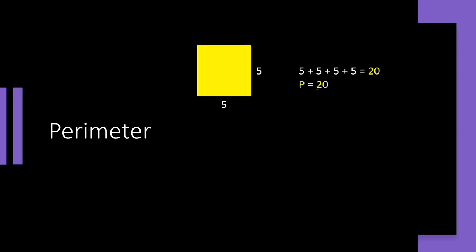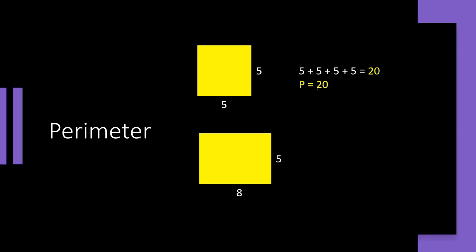Okay, let us look at this next shape in here. Now I have a rectangle. And notice, my friends, that this side is 8 and this side right here is 5. So I have to remember that for the perimeter, I have to add all the sides, and if this side is 5, that means that this side is also 5, because notice I have the same length on each side.